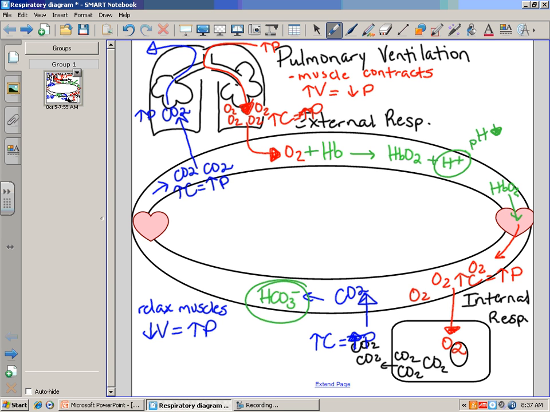Okay? Here's the minus, right? The H had the plus on it. The HCO3 has the minus on it. This is going to be our high pH. Okay? And we said plus 1, minus 1 cancels each other out. So we make this molecule so we don't screw up our pH.